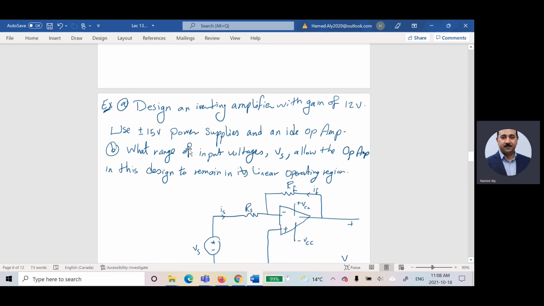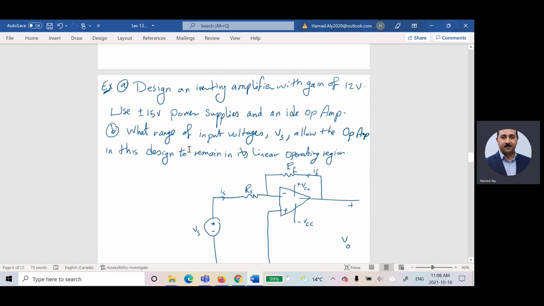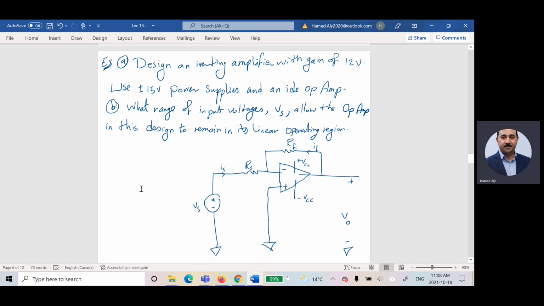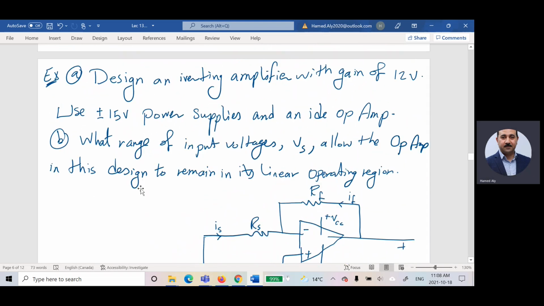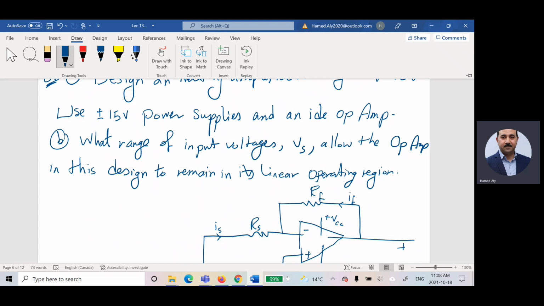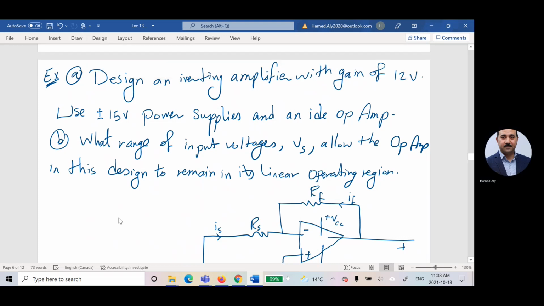Okay, let us see this example. This is a straightforward problem based on the inverting amplifier. He is asking me to design an inverting amplifier. I forgot to add it in here: inverting IN. Design an inverting amplifier with gain of 12.